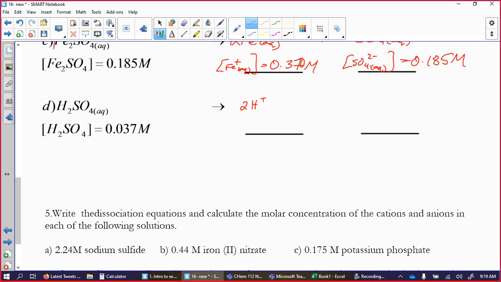2H plus. The concentration of hydrogen ions here would be 2 times 0.37. 36 and 36 is 72, 0.074 moles per liter.